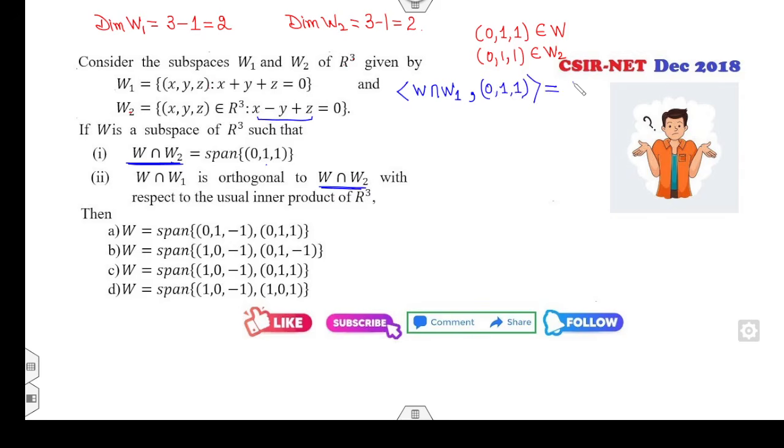It is orthogonal, that means the dot product will be 0. Then which of the following is there? So the first condition we got is 0, 1, 1 must be part of W, but you can see the second option, 0, 1, 1 can never be formed here. Because the first element should be 0, but the first element is not 0. 0, 1, 1 is fine. Again, you can see from this case 0, 1, 1 is not possible. If you subtract them, the second element should be 1, but the second element is always 0.